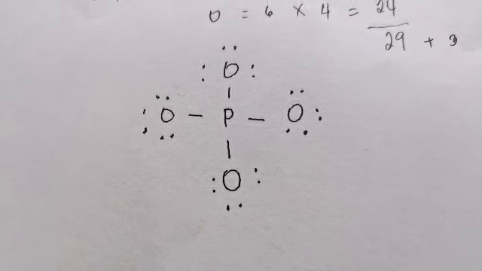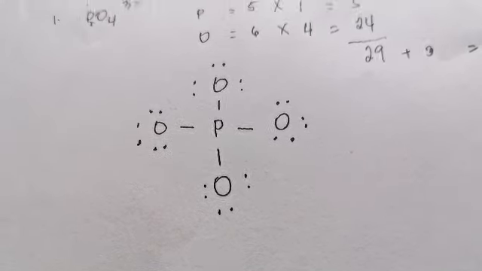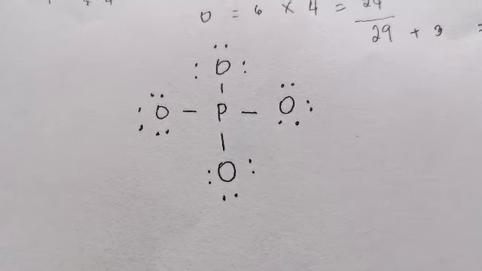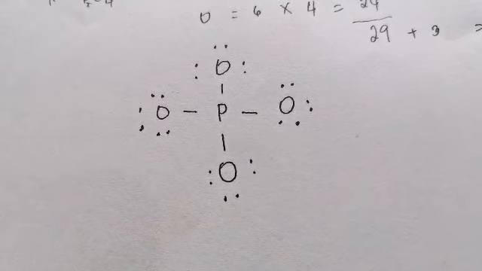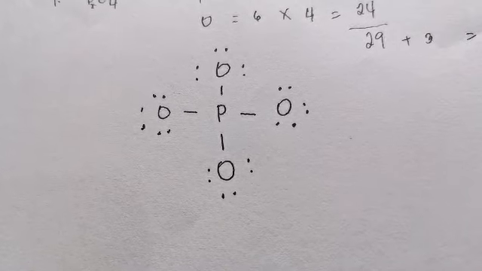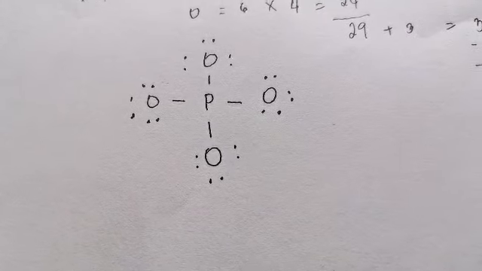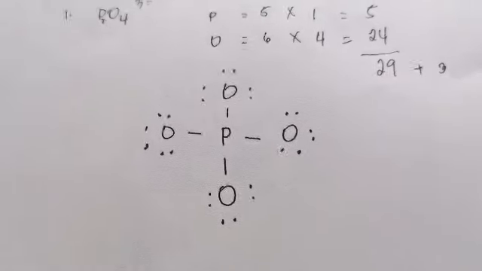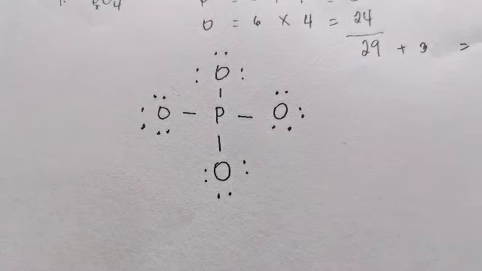So, hindi pa po dyan nagtatapos yung pag-draw natin ng structure. So, in order to check if the structure is already correct, you are going to get the formal charge. So, paano po natin kukunin yung formal charge? Ito po yung formula na ating gagamitin.